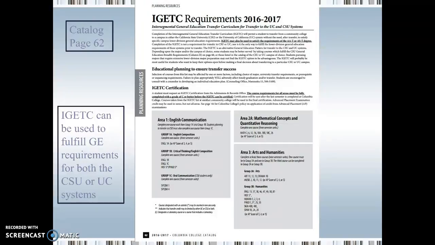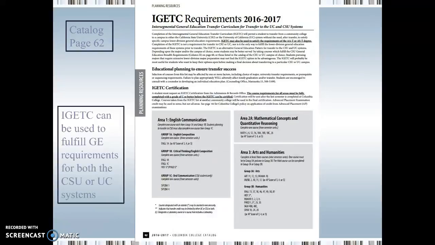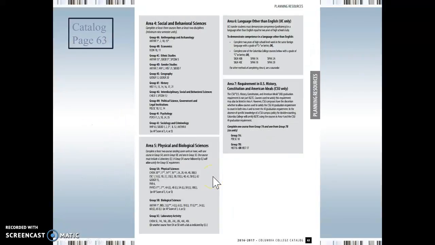Okay, IGETC requirements start on page 62, and there are 2 pages to this one as well. There are technically 7 areas of IGETC. However, because it works for both CSU and UC, they have all these little notes, like this is for CSU students only, and then in the languages, this is for UC only, and this area 7 is for CSU only.